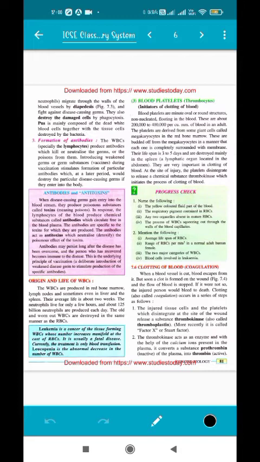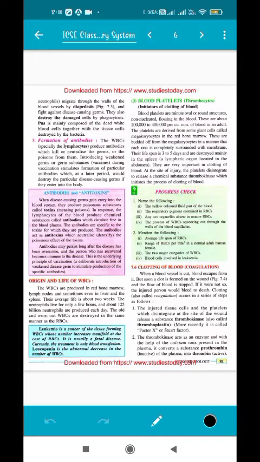Antibodies are specific to toxins for which they are produced. The antibodies act as antitoxins which neutralize the poisonous effect of the toxins. So antitoxins are basically substances which will neutralize the toxins. You can consider antibodies to be antitoxins. Antibodies are produced by the white blood cells and they act as antitoxins, and they neutralize the toxins produced by the bacteria or any other foreign material. So the terms are very commonly related, but they are different.